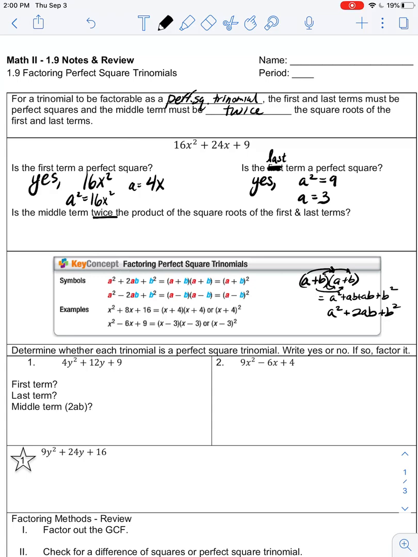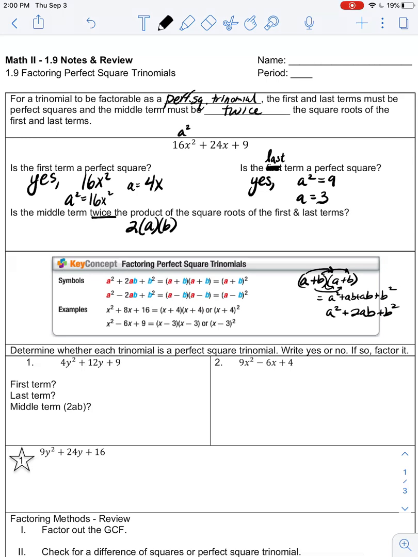Again, that's because when we FOIL we get a times b twice, so we want 2 of the same thing. So we want to check to see if it's equal to 2 times a times b, because this here was a squared, this was b squared. So if it's equal to 2 times those square roots, then that means that it is a perfect square trinomial.